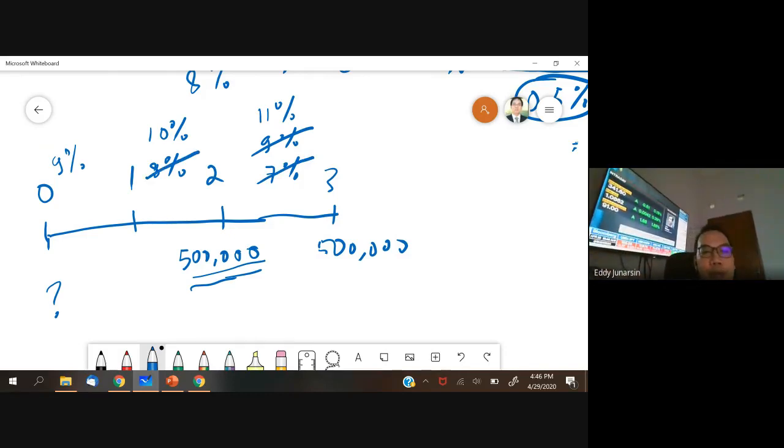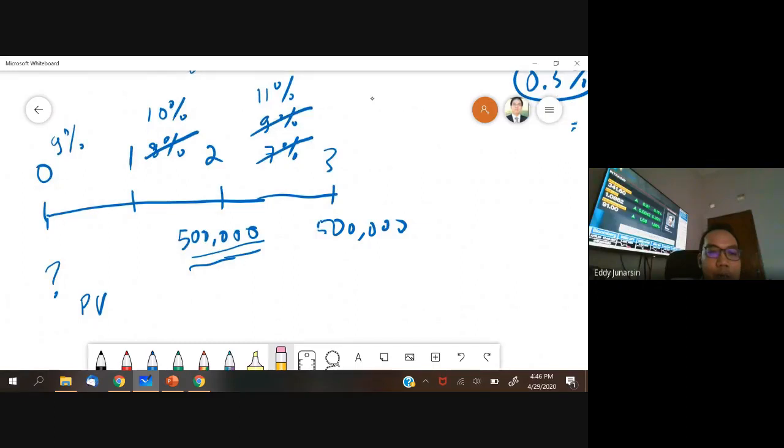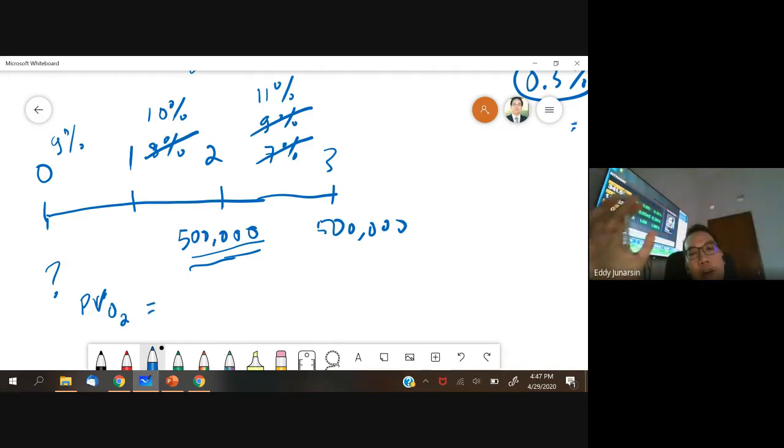So when we find the present value of the option in the second year, the value of the option in the second year is 500,000. What is the present value right now? So we have to discount it back.